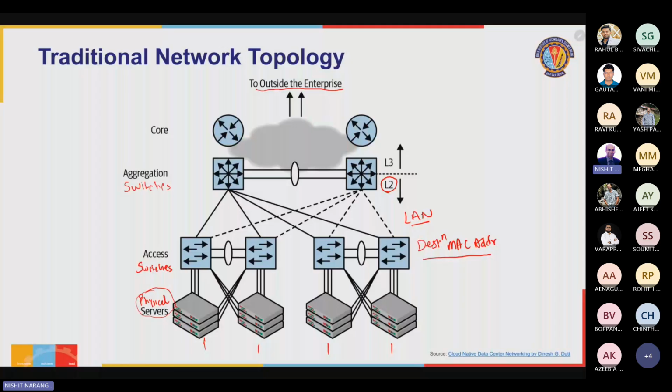So the aggregation switches had a third layer of communication, which were called the core switches. So the core switches are basically the ones which are receiving and sending all the traffic from the external internet. And every traffic that comes from the external internet is what?